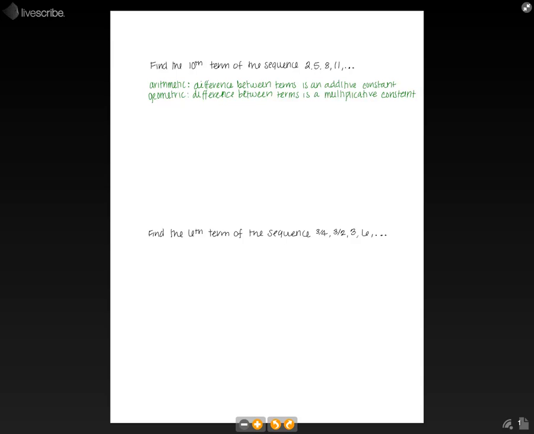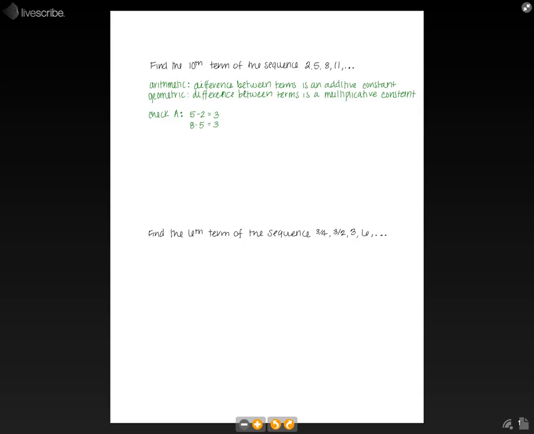Alright, so our first goal is to figure out whether this sequence is arithmetic or geometric. To check to see if it's arithmetic, what we want to do is take the difference between each of the two consecutive terms. So 5 minus 2 is equal to 3. Now we need to check if the next terms have the same difference. 8 minus 5 is also equal to 3.